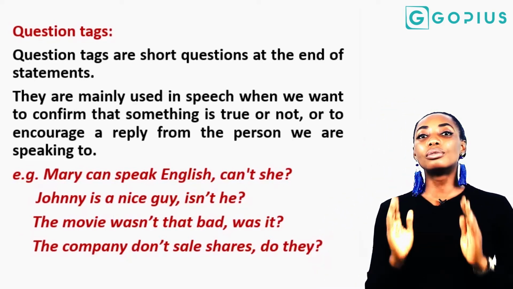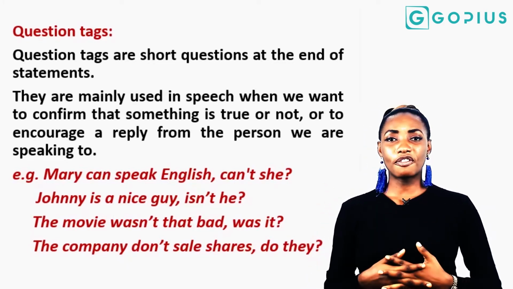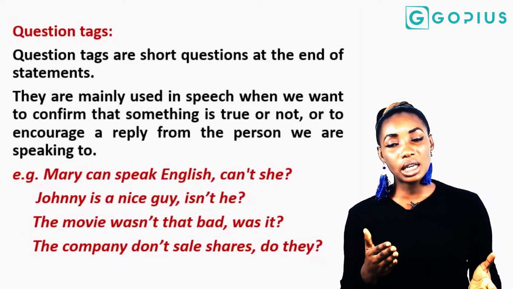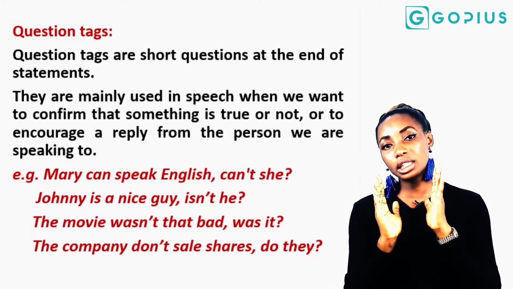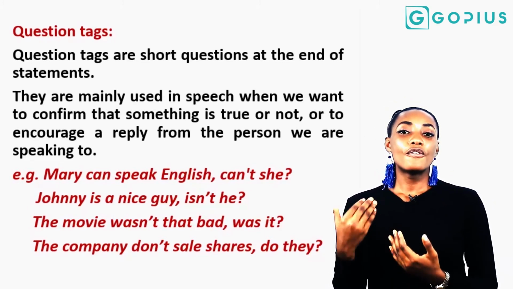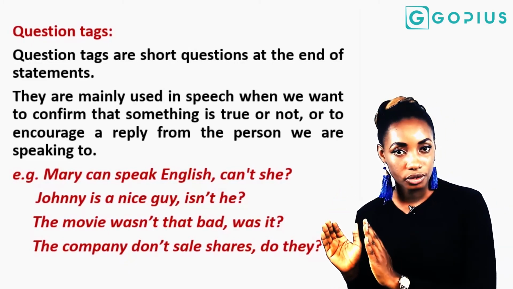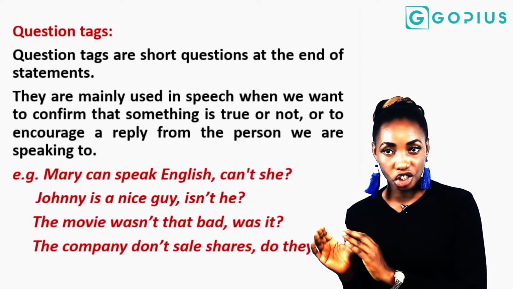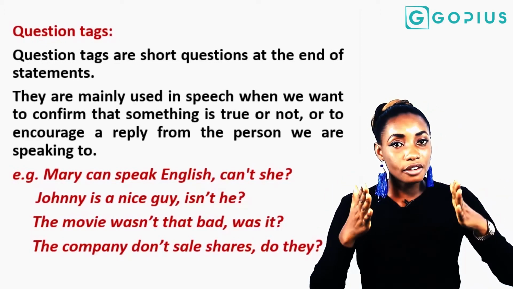So, now we're going to look at the rules that guide question tags. From the first example, we can see Mary can speak English, can't she? Can was put in the positive form. Can speak English. In the question tag, it had to turn to negative. Can't she? And don't forget that Mary was in the form of a noun, which is the name of Mary, a proper noun. Okay?